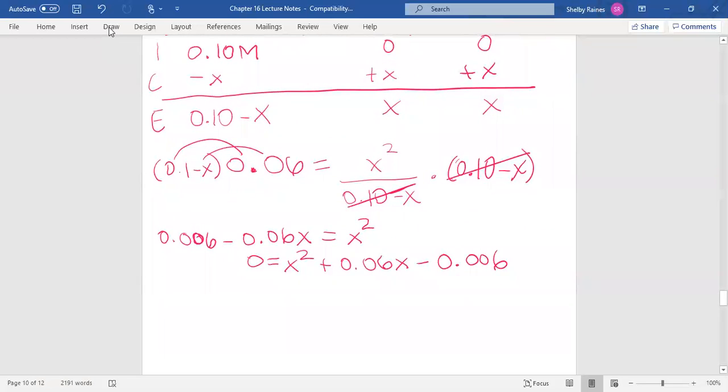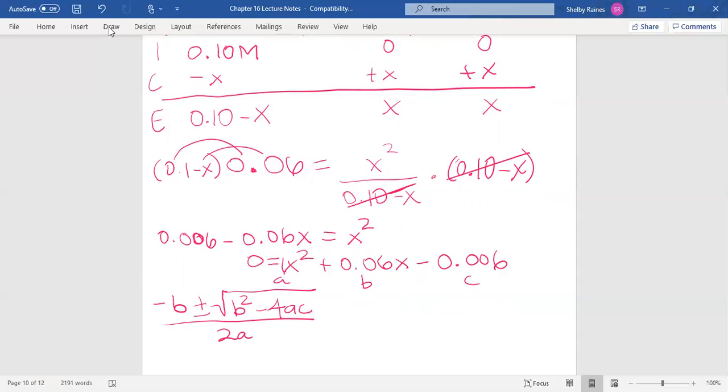All right, so I've got to go to the quadratic formula and plug these in. I'm not going to work that out, but just remember x equals minus b plus or minus the square root of b squared minus 4ac, all over 2a. Okay, so a is 1, b is 0.06, c is negative 0.006.